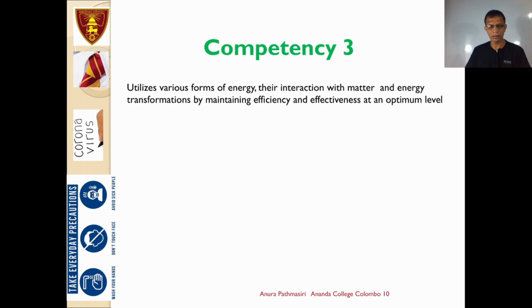Utilizes various forms of energy. There are different types or forms of energy, and there is interaction of this energy with matter. Not only that, energy transformations by maintaining efficiency and effectiveness at an optimum or maximum level. This competency is under competency levels.